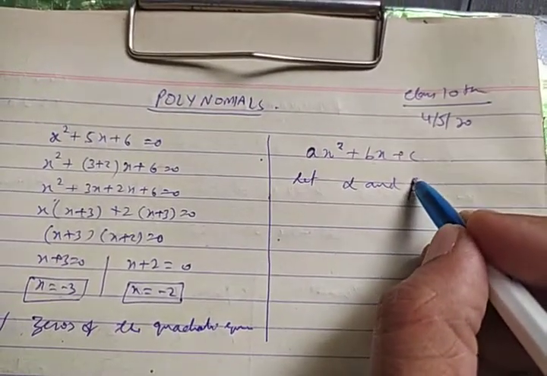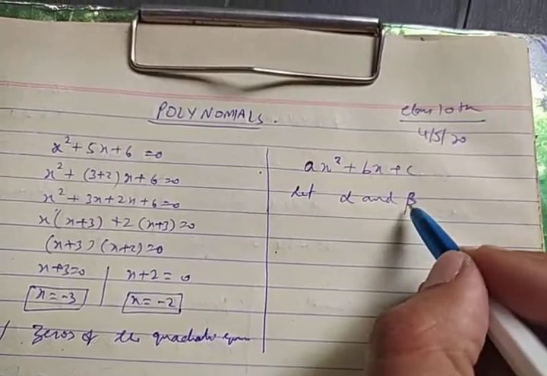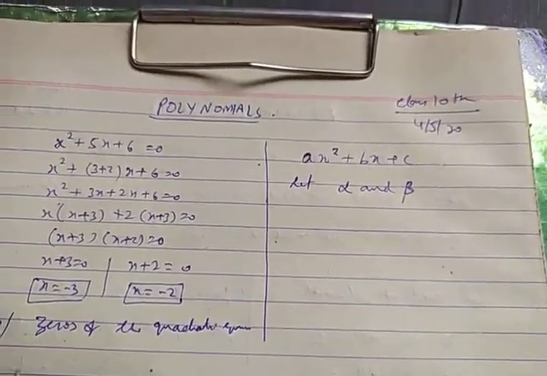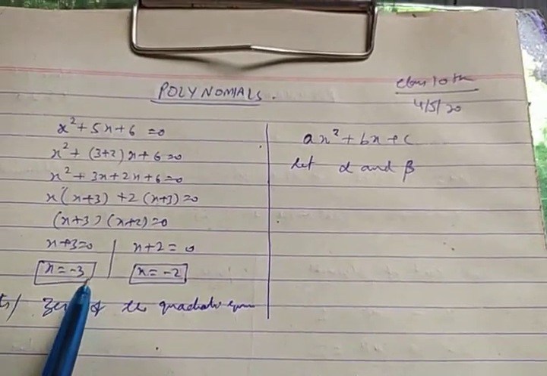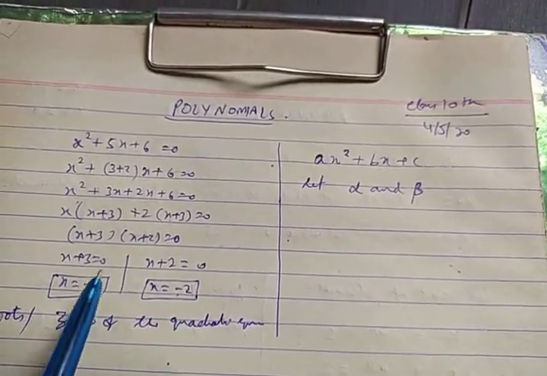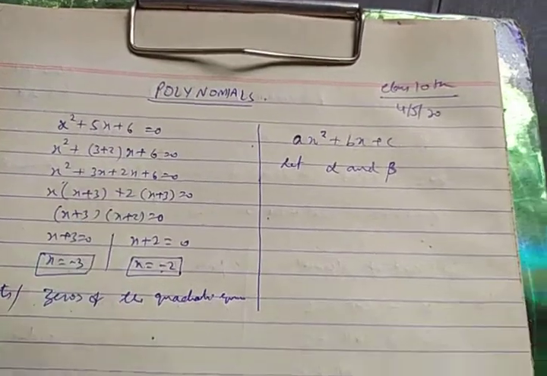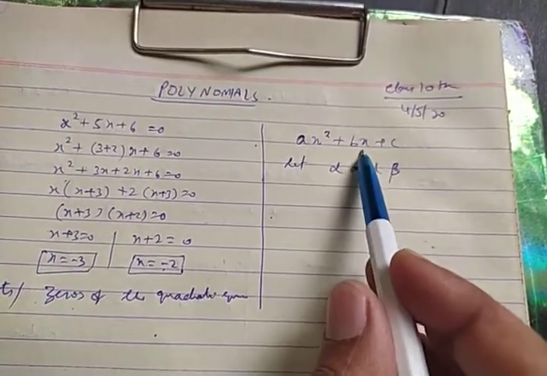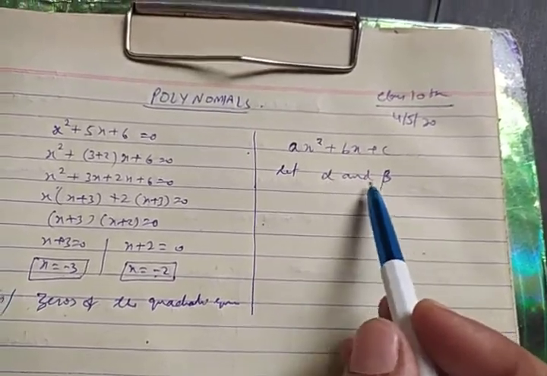These are two Greek letters, alpha and beta. For the sake of our use, we are taking these two. In this specific example, if you substitute the value, you will get 0. But in this case, I am assuming alpha and beta. If you put alpha for x, you cannot get 0. Then what shall be the relation?